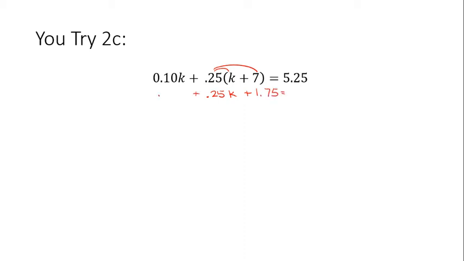Out here in the front, I have 0.10k, and here on the right, I have 5.25. I didn't mess with those at all. I'm going to combine like terms to get 0.35k. Now, I simply move this 1.75 to the other side by subtracting it.